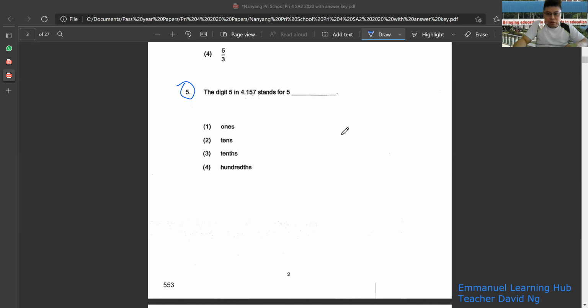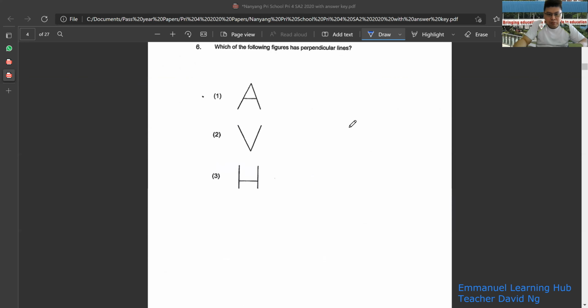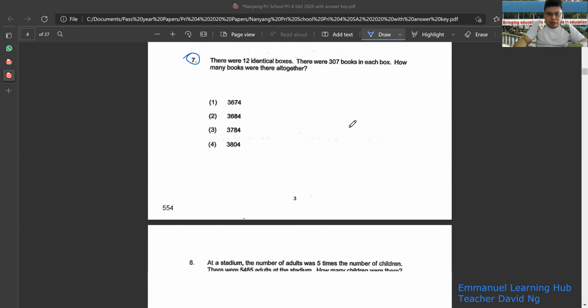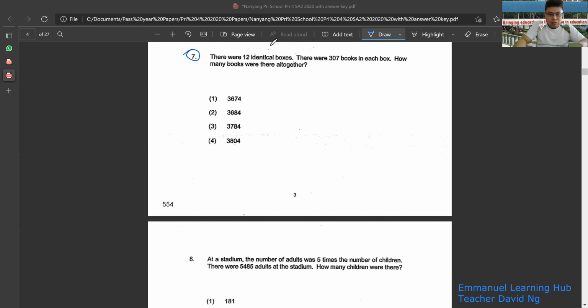Okay, let's continue. Question 7. There were 12 identical boxes and there were 307 books in each box. How many books were there altogether? So what must you do? 12 identical boxes. 307 times 12.